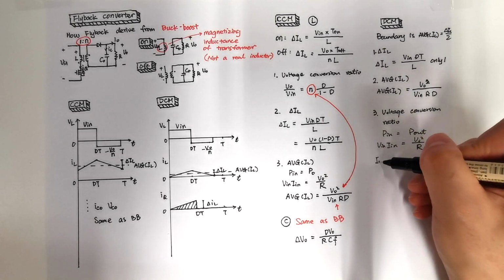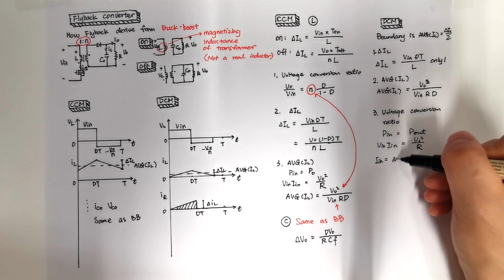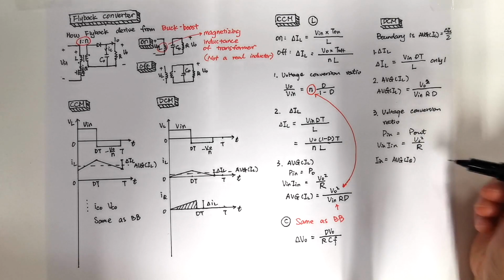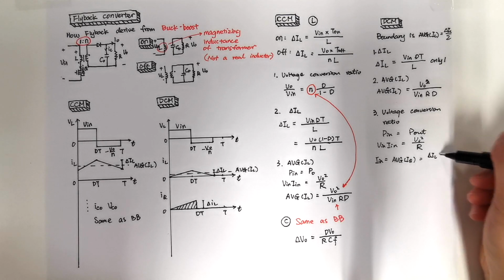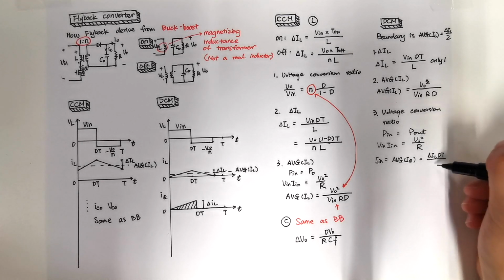So our I in equals the average value of our switch current, which is delta IL times d T divided by 2T.